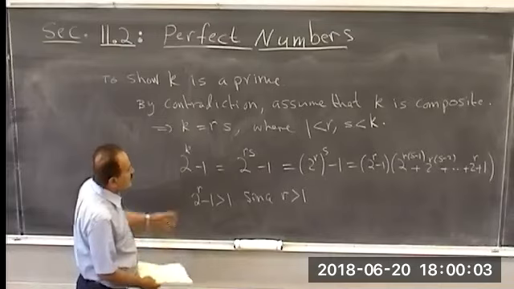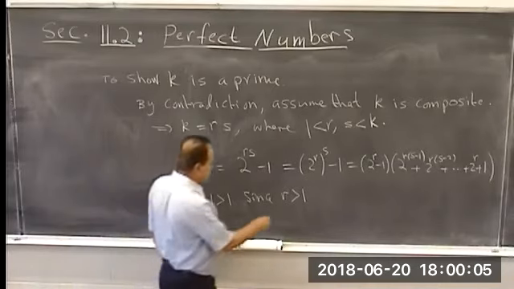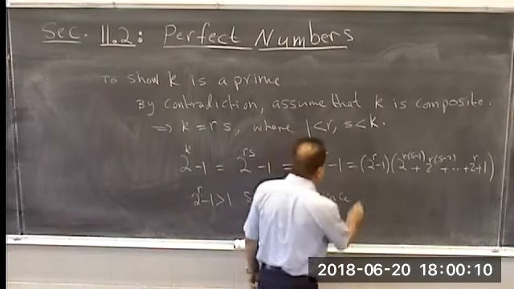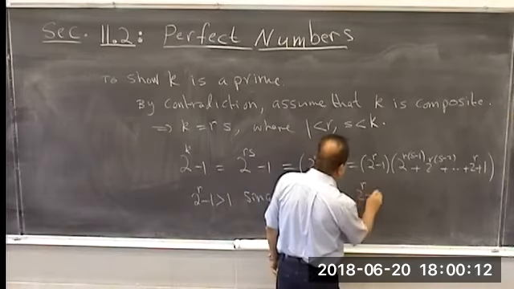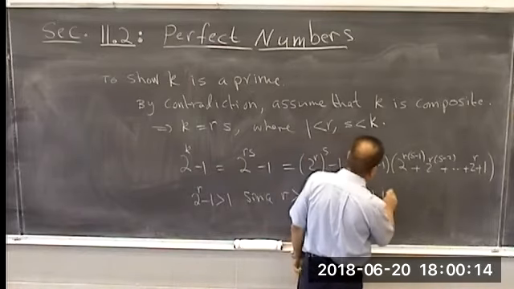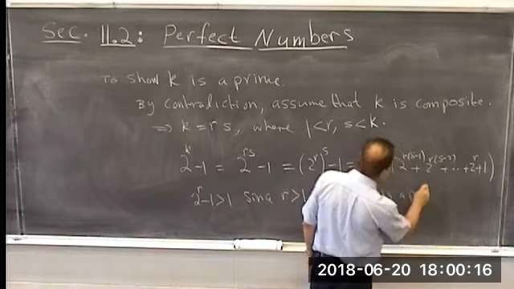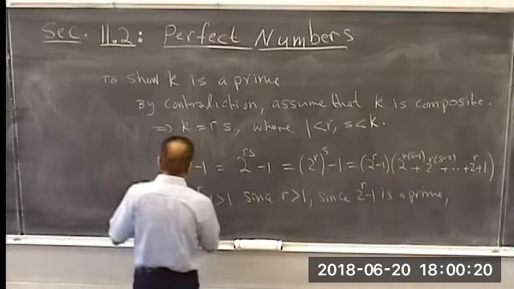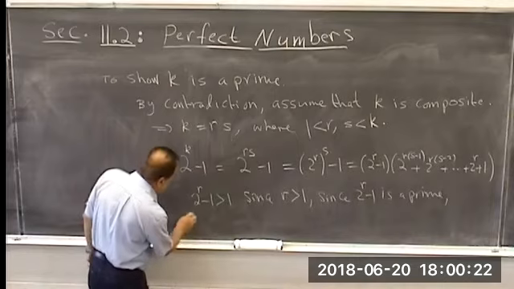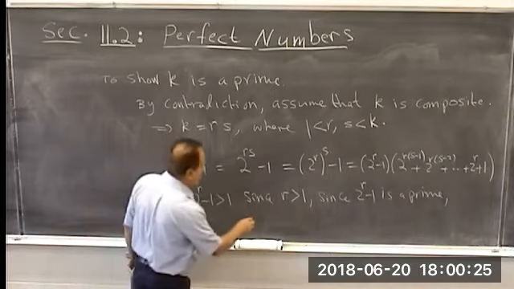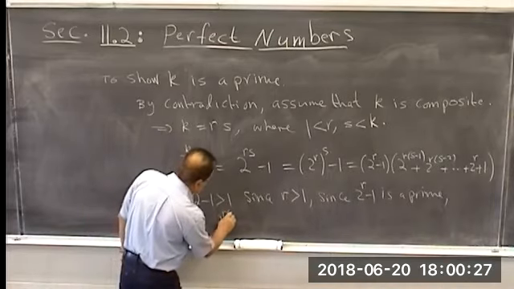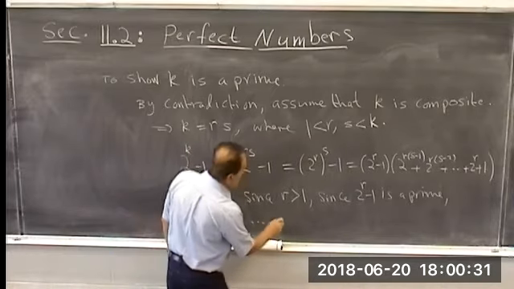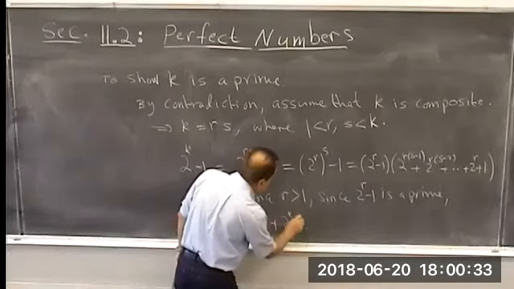But again, this is supposed to be a prime. And also we have the other factor, which goes from 1 up to 2^(r(s-1)), plus and so on.